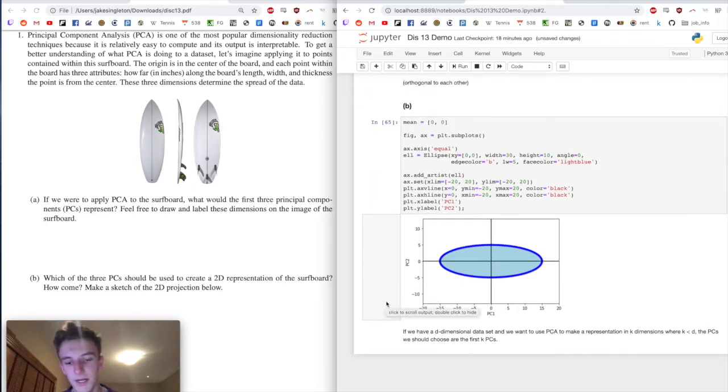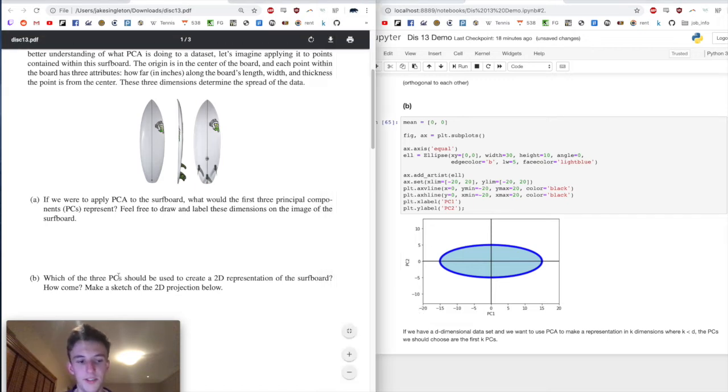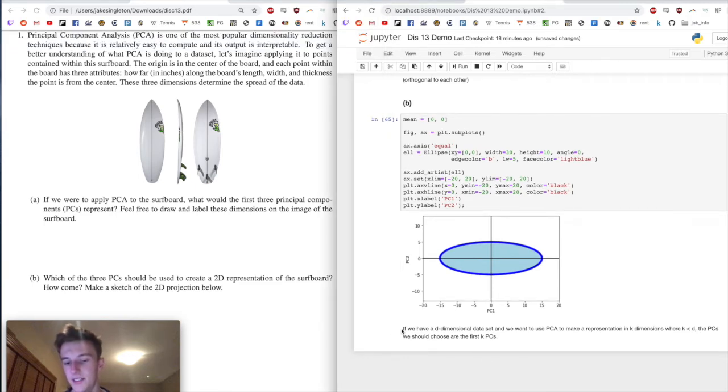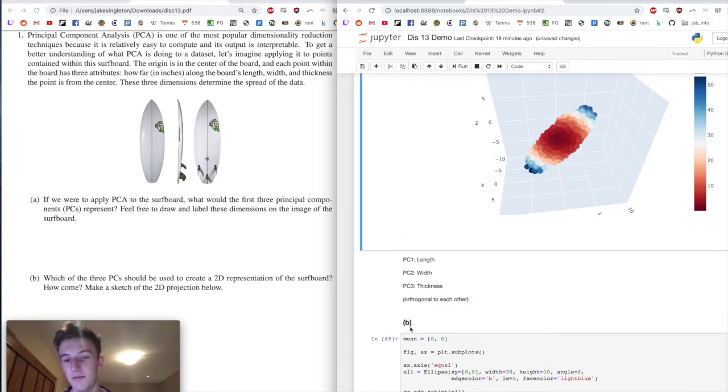And another way to think about choosing principal components in a more general setting is illustrated by this sentence I've written here. If we have a d-dimensional data set and we want to use PCA to make a representation in k-dimensional space, k is going to be less than d, that's the whole point of using PCA, the principal components we should choose are the first k principal components. And that's exactly what we've done in this example.